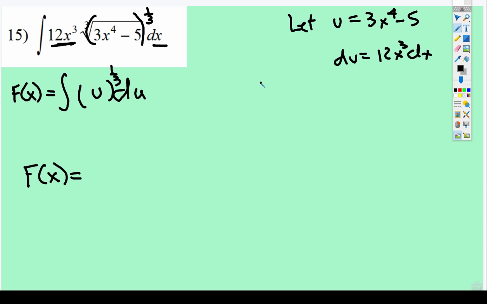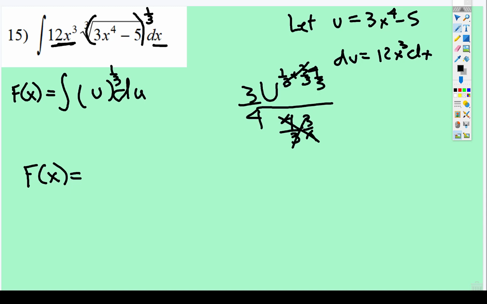So when we integrate, we add 1, which is 3 over 3, which becomes 4/3. And remember what we said, we're going to divide by 4/3, but we don't want a fraction in the denominator, so we multiply by the reciprocal. So it becomes 3/4 u to the 4/3 plus uppercase C.